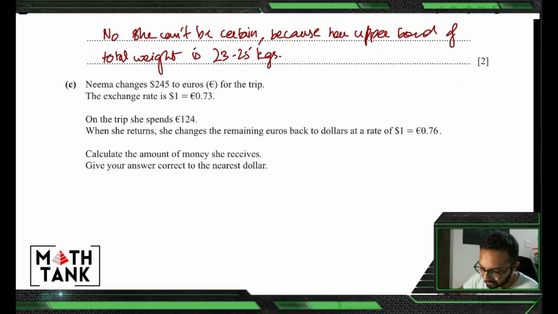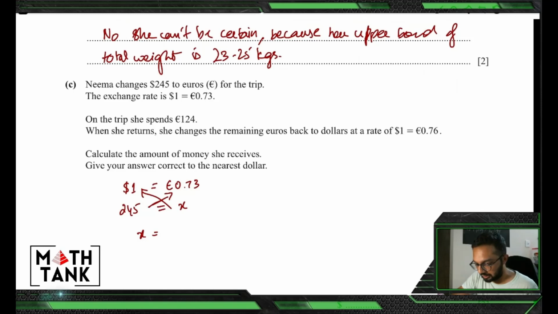So what I'm going to do is, first I'm going to change her dollars to euros. So I'm going to put down $245 and X euros. That's a cross multiplication then. So X is 245 into 0.73, that is 178.85.